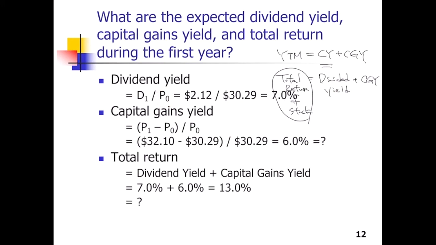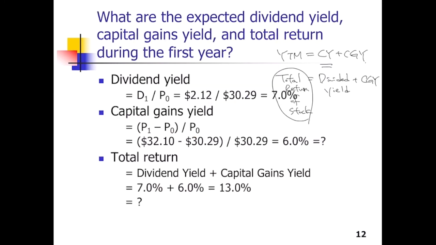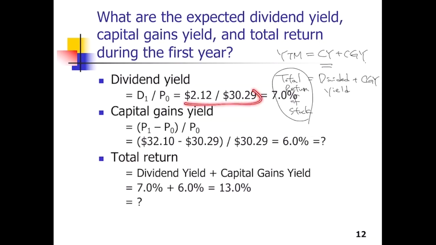And D1 we already calculated at this slide. Here, right? D1. And P0 also we already calculated here, right?